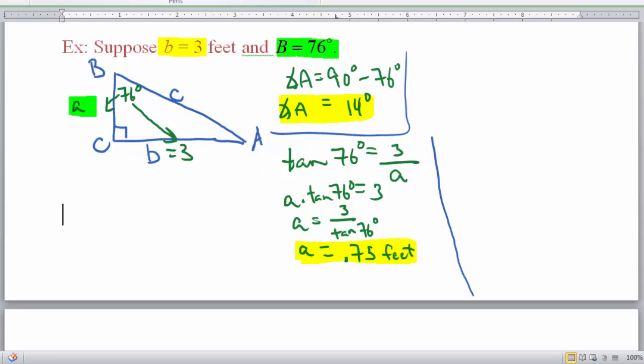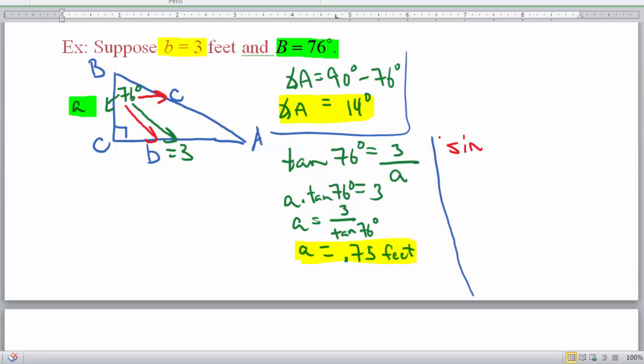And now let's say I want to find the hypotenuse. So C is the hypotenuse. Again, I'm going to use the thing that I was given originally, which was the leg opposite, which was 3. So I have the angle, I have the opposite, and I'm trying to find the hypotenuse. Which trig function deals with the opposite and the hypotenuse? That would be the sine.